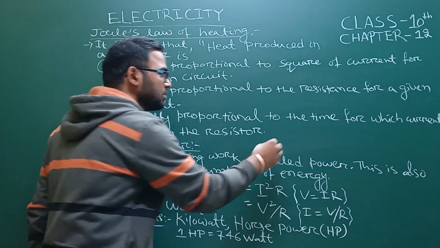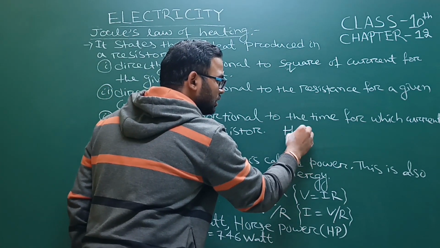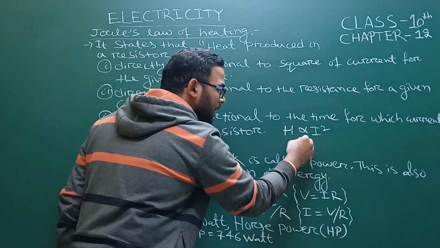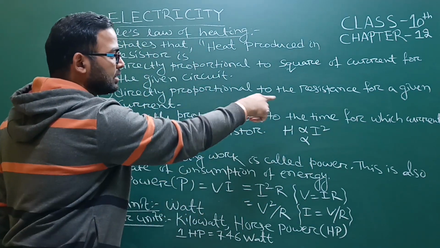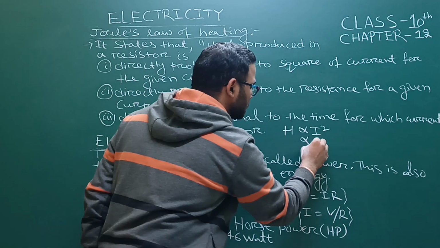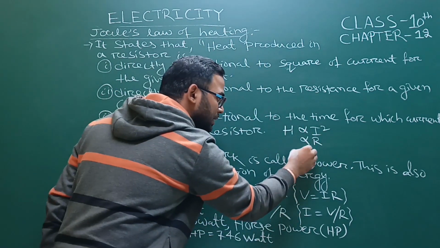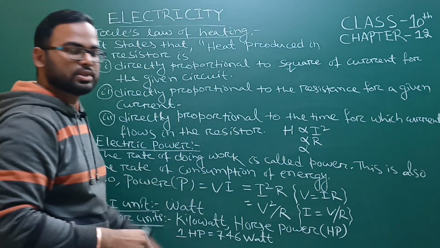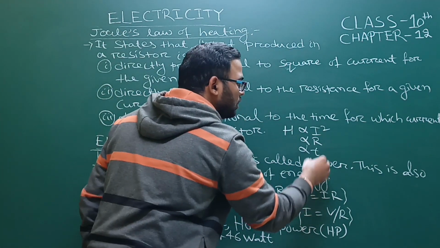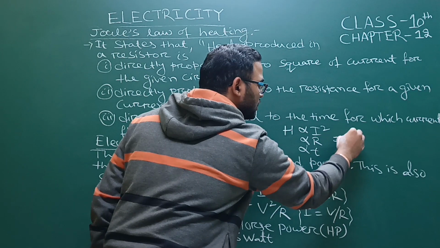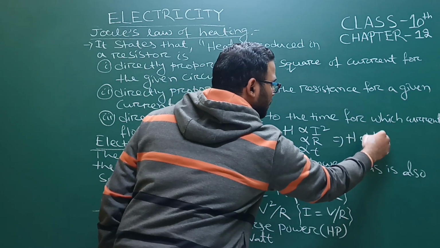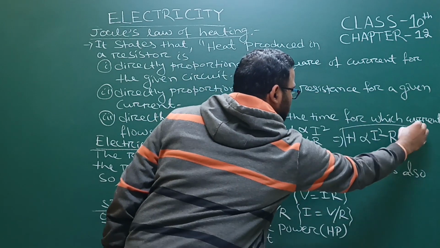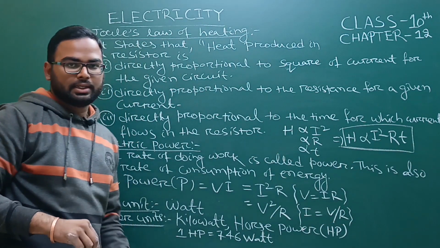Means H is directly proportional to I square, R, and T. If we combine these three terms, that will be H is directly proportional to I square R T, which is Joule's law of heating.